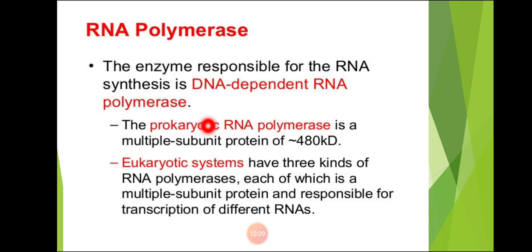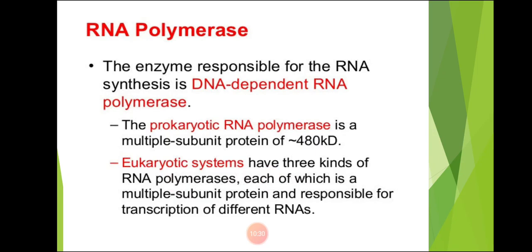It has only one type of RNA polymerase, and the mRNA that is formed does not require any further processing. Whereas in eukaryotic organisms, three kinds of RNA polymerase are found.